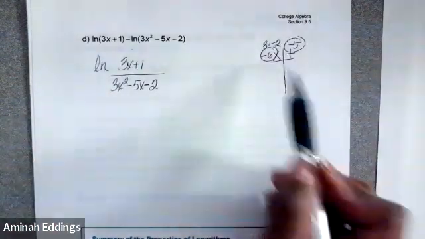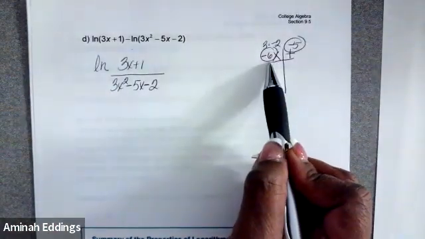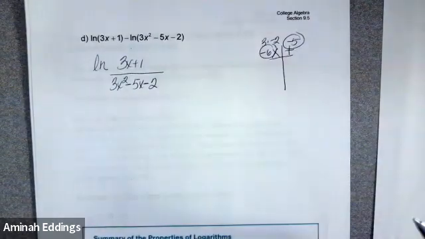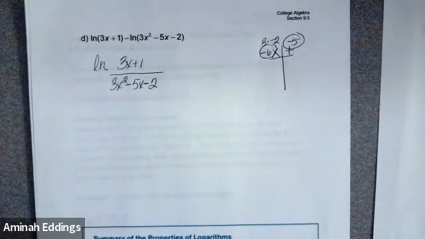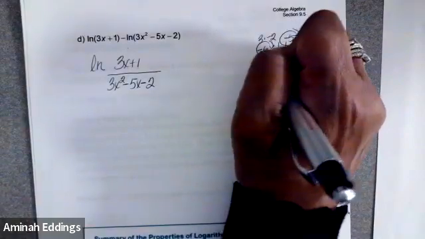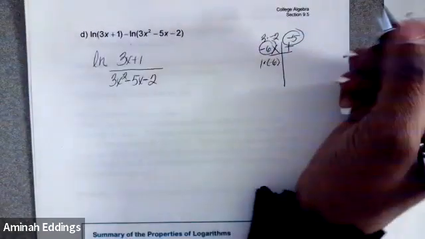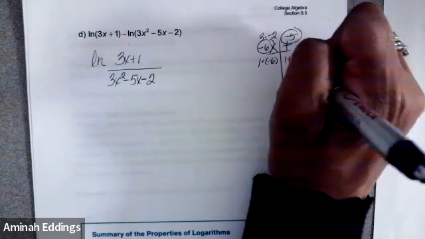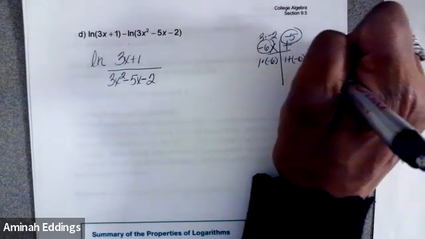I need two numbers that multiply to get -6 and add to get -5. How about 1 and -6? 1 times -6 is -6, and 1 plus -6 gives us -5.